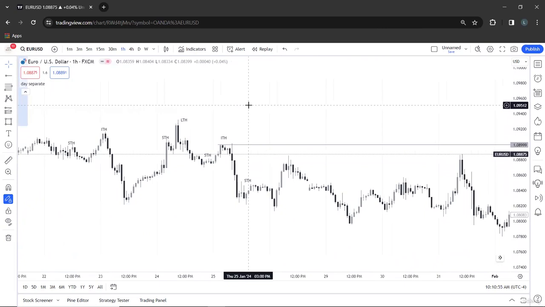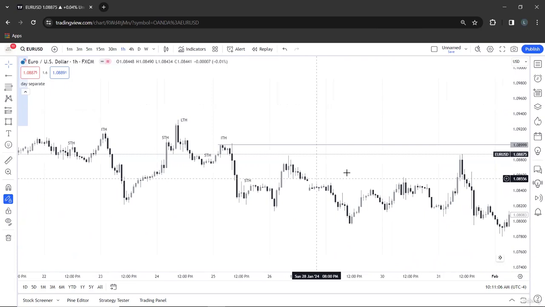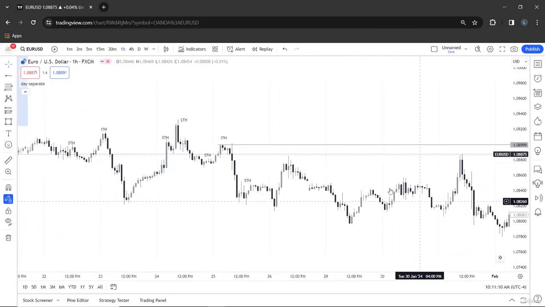So how to identify long-term highs, short-term highs, and intermediate term highs. Ignore this. This is manipulation from news. So this is your intermediate term high. It never got traded above until we broke out of this bearish run right there.